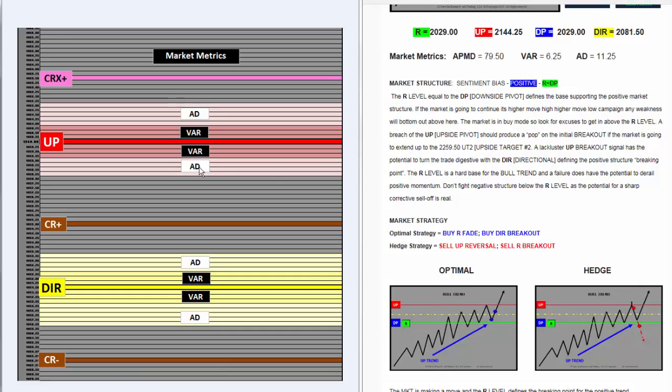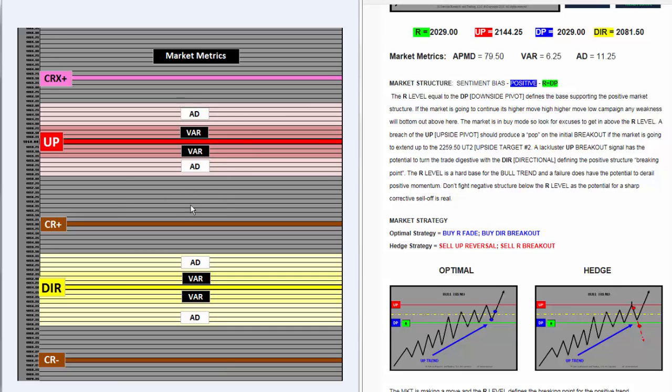So on the hedge strategy theme, we'd want to see the market go through the upside pivot above 2155.5. So the upside pivot plus a little more than the alert distance. We'd want to see it go through that, at least that amount, and that kind of triggers that we've violated the upside pivot, and then we come back down through it. That would be a reversal. So think of these metrics as areas of signal acceptance.